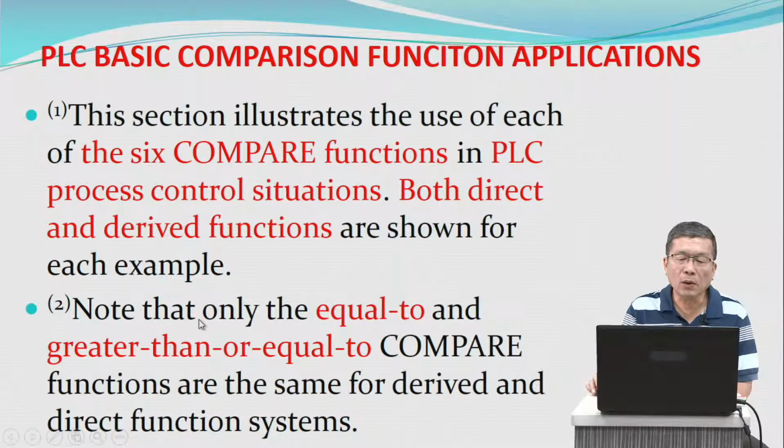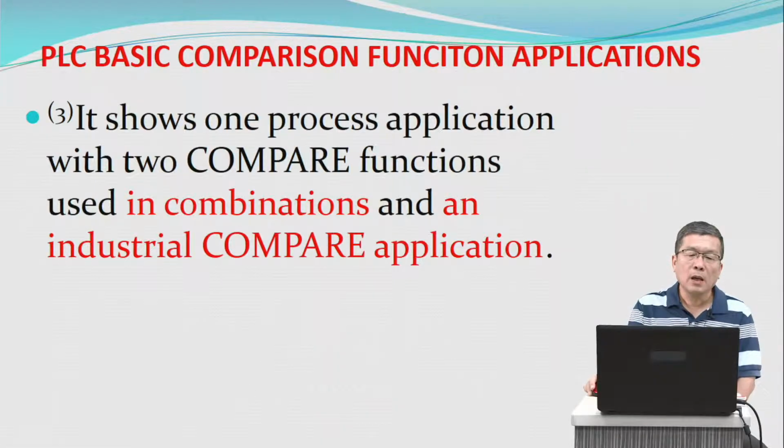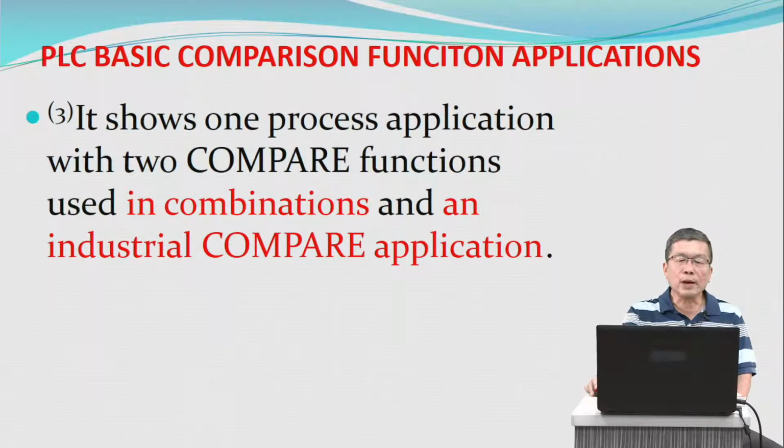Note that only the equal to and the greater than or equal to compare functions are the same for derived and the direct function systems. It shows one process application with 2 compare functions used in combination and an industrial compare application.